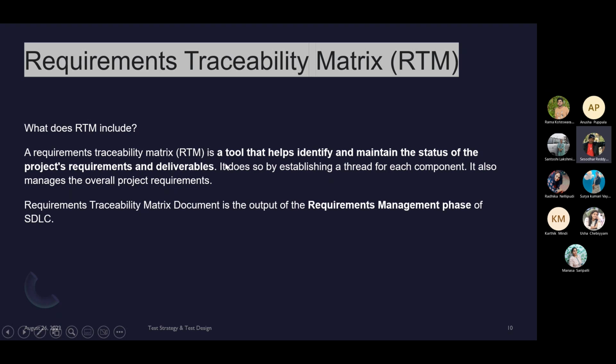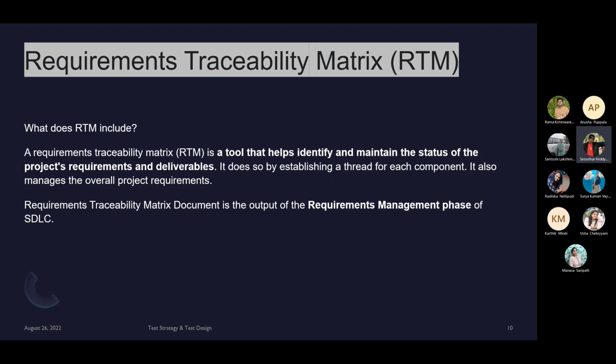A requirement traceability matrix is a tool that helps identify and maintain the status of the project requirements and deliverables mentioned in the BRD document, by a client, or in a requirement document. It does so by establishing a thread for each component.